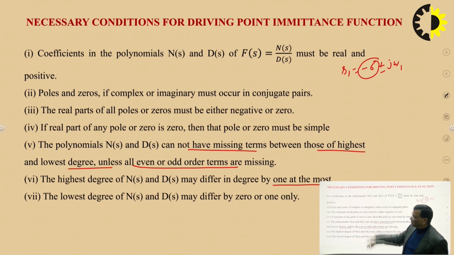These are the properties of a driving point immittance function, Z(s) or Y(s). If a network function is given and you are required to find whether it is a driving point function, you have to check all these properties. If any one of the properties is not satisfied, then the network function is not a driving point immittance function.